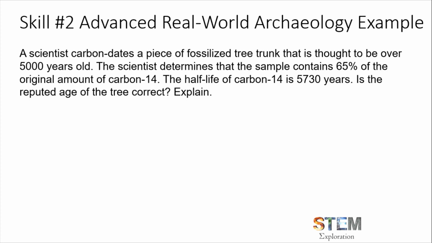So what they're saying here is that based on a new sample, they're comparing it to this fossilized sample, and 65% of the original sample is remaining. And what you would know is that after 5,730 years, it would be half. So at 5,000 years, does this make sense?